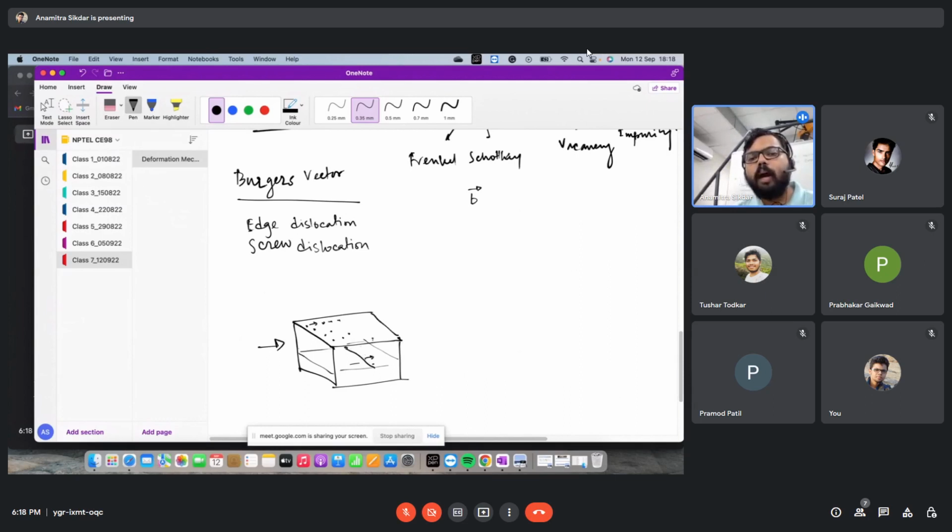So what will happen? This part of the block will be squeezed a little bit, and overall this part will be a little bit shorter, right?